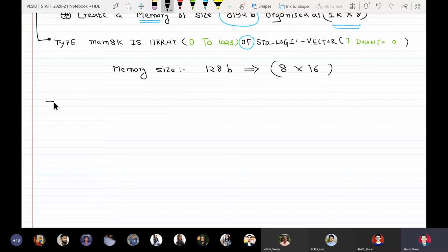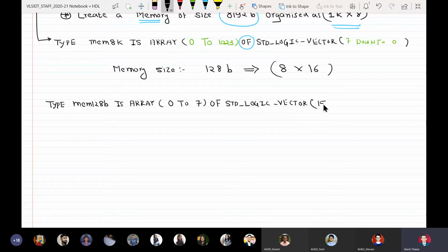So it will be type mem128b is array 0 to 7 of std_logic_vector 15 down to 0. I hope that this is clear.